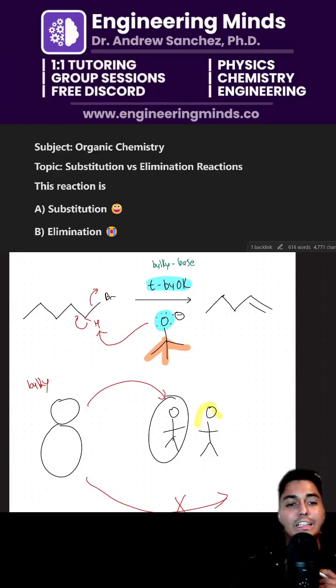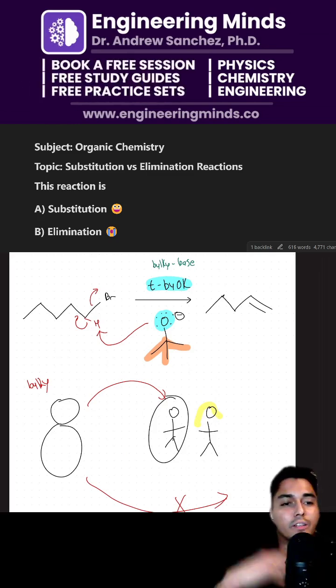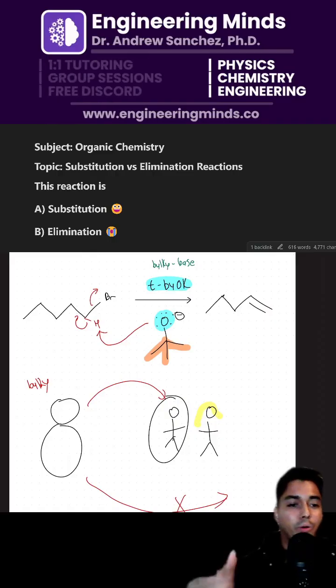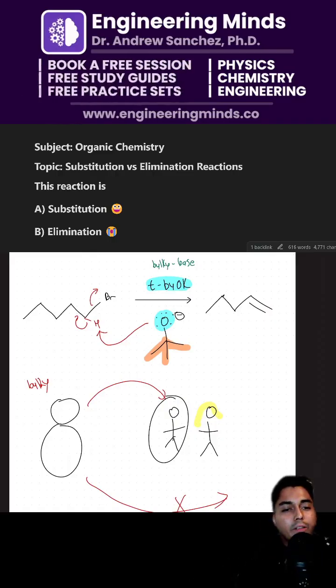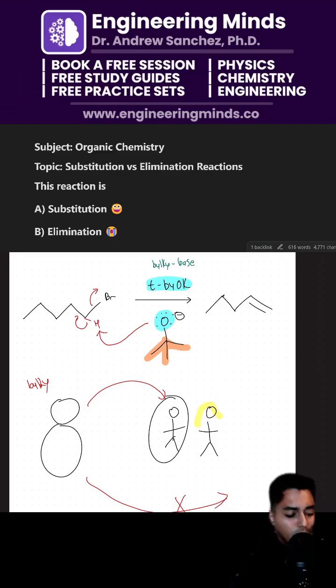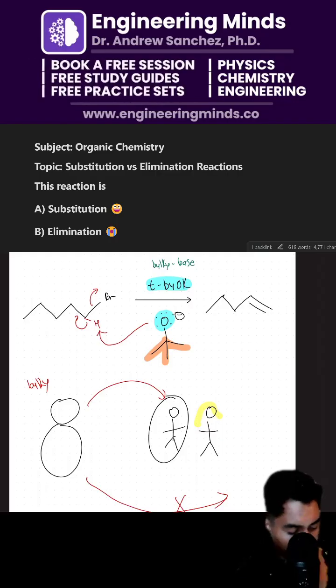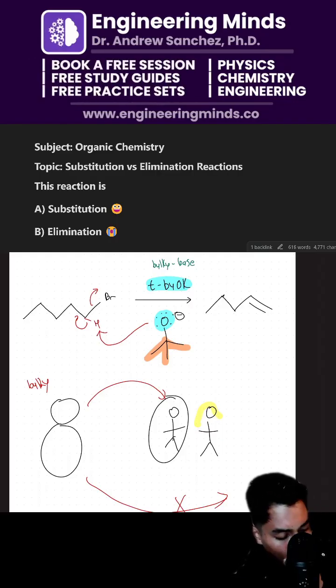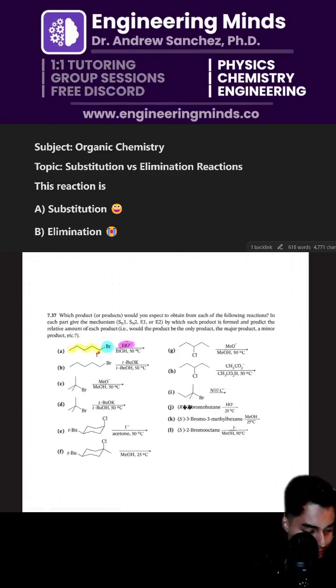It's going to be E2 because we have a bulky base. It's going to eliminate. It's going to eat the proton. So it's always going to be the beta carbon. Yes, it's always going to be the beta carbon, classy. It's never going to be the alpha carbon. Wait, I take it back. I think I made a mistake now that I think about it. Shoot.